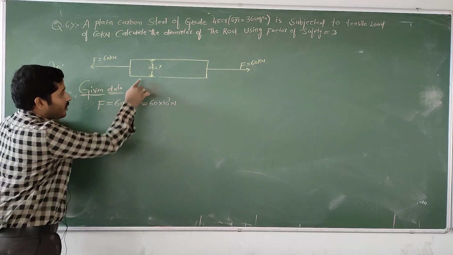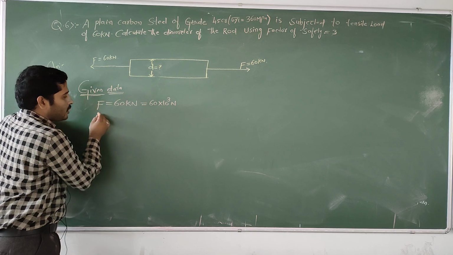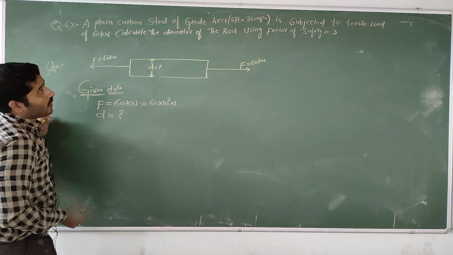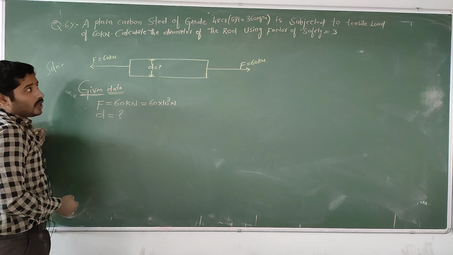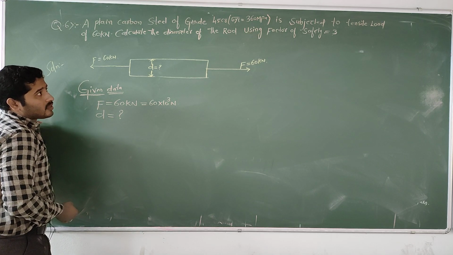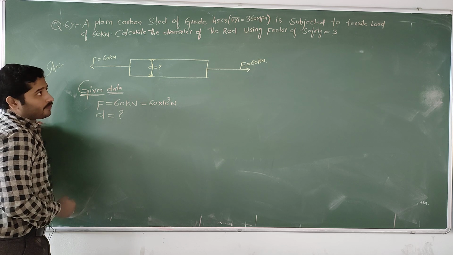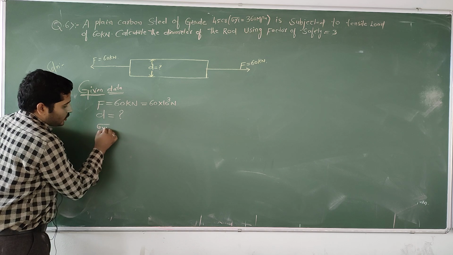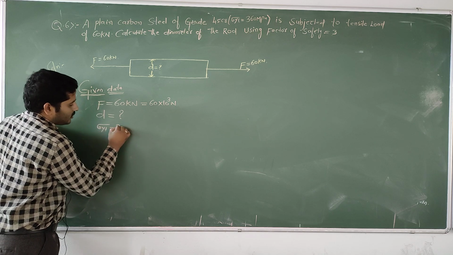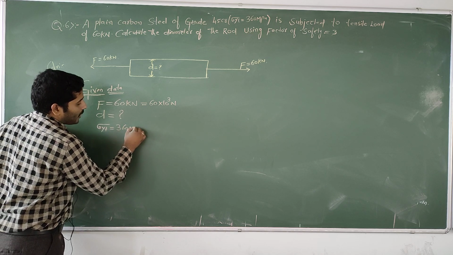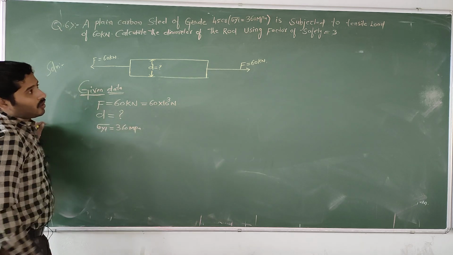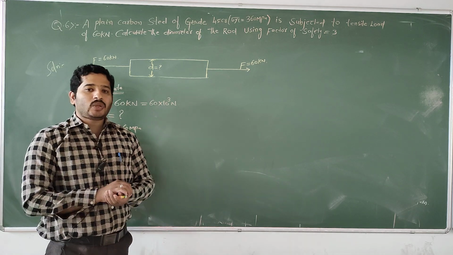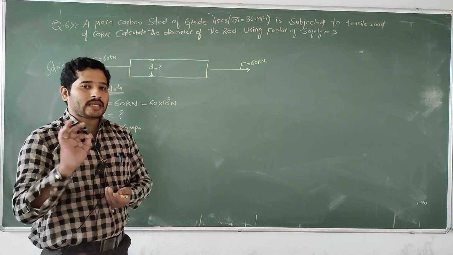We need to find out the diameter of the rod, D. The carbon steel of grade 45C8, the yield stress is given as 360 megapascal. The first thing is, in this case, we need to find out the working stress.